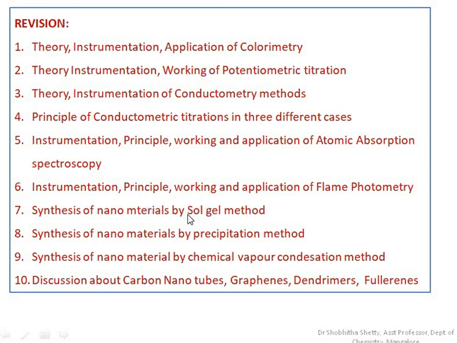We discussed 3 important methods for the synthesis of nanomaterials: the sol-gel method, the precipitation method and the chemical vapor deposition method. We also discussed a few nanomaterials, that is carbon nanotubes, graphene and fullerenes, and their applications in various fields. So thank you all.